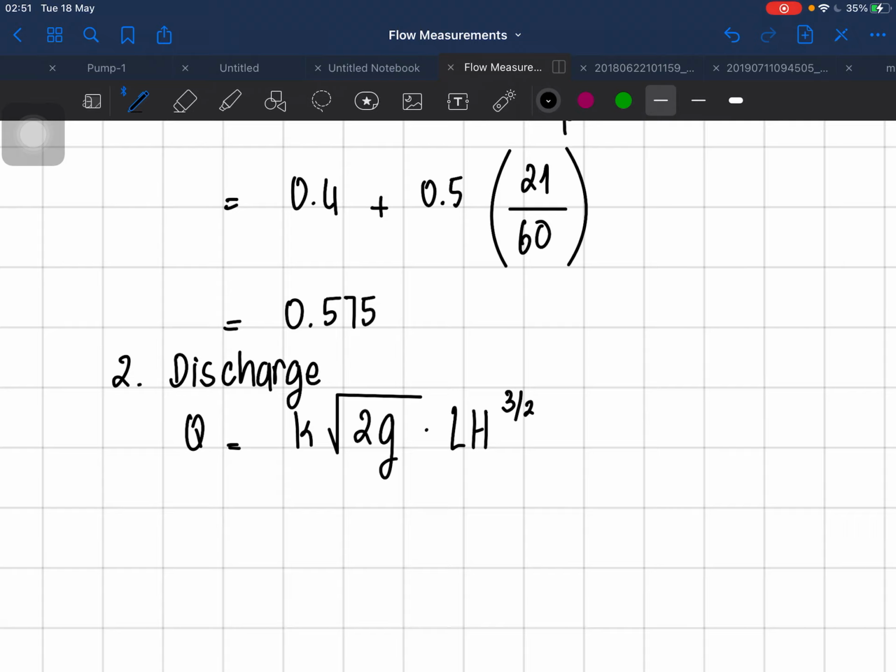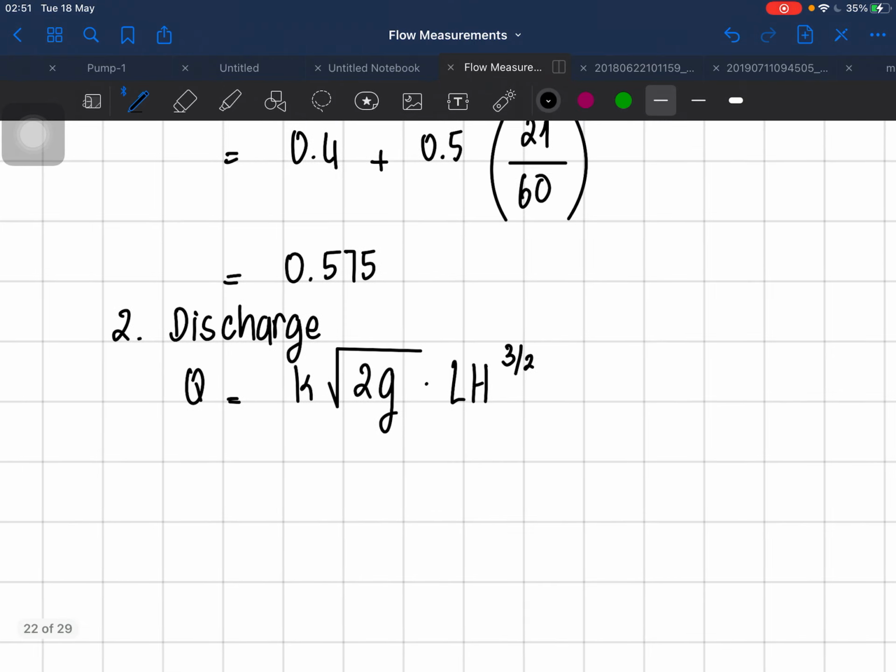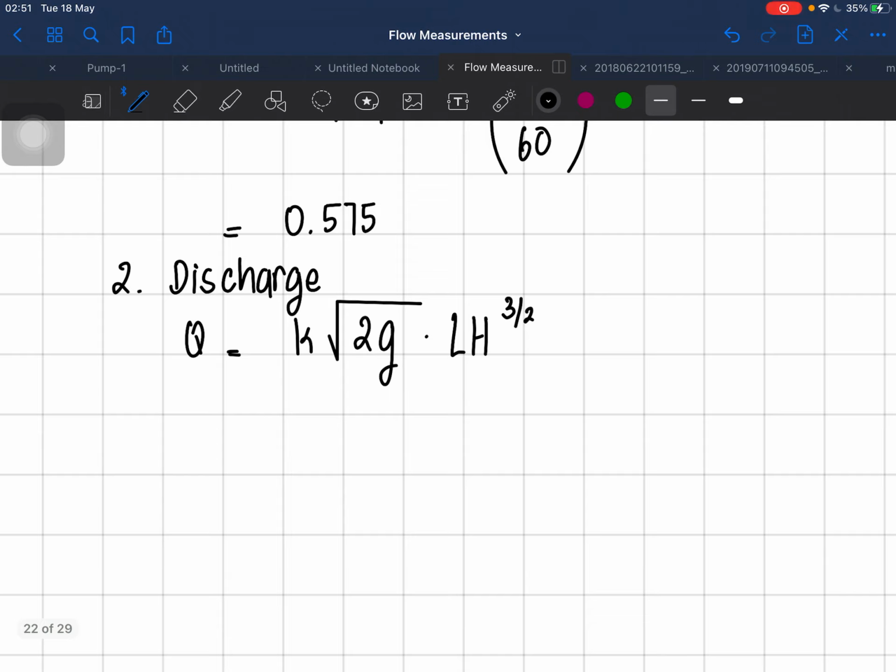Wait, what is this? The width? I mean, L is the width. It's quite confusing because all the things are quite like, what does it call in English?